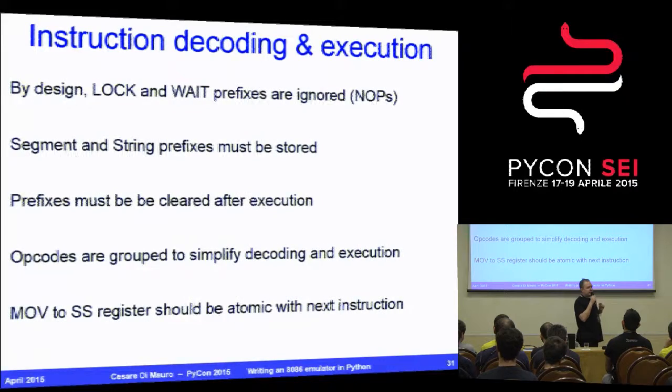After the instruction is executed, I have to clear such prefixes because I don't want to change the behavior of the next instruction to be executed. Another thing is that I decided by design to group together some instructions which have similar behavior. I will show you that after.